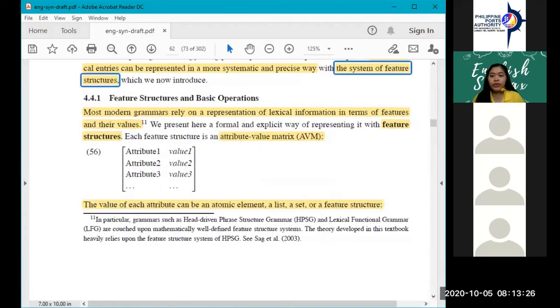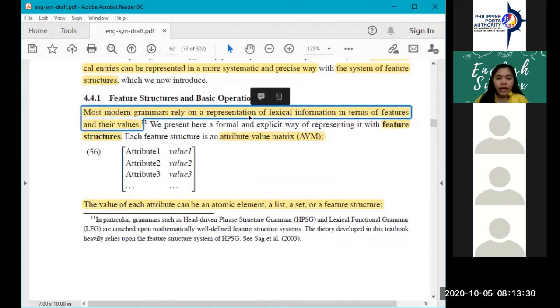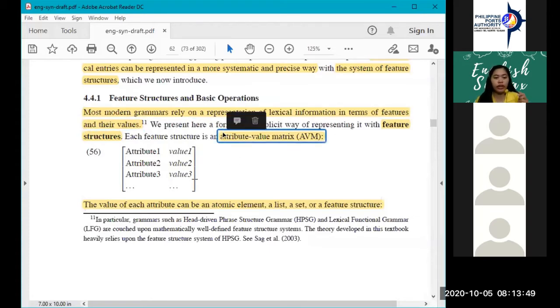Now this is the most important part. How can we write the lexical information of a verb or of a word through feature structure? We can represent this lexical information in terms of features and their values, in a formal and explicit way, through the attribute value matrix.